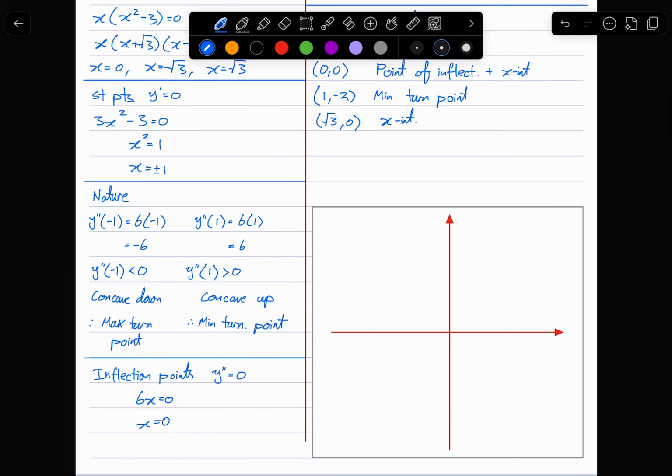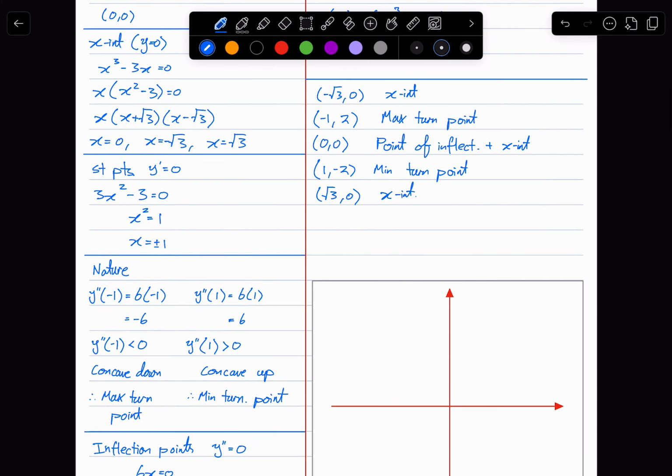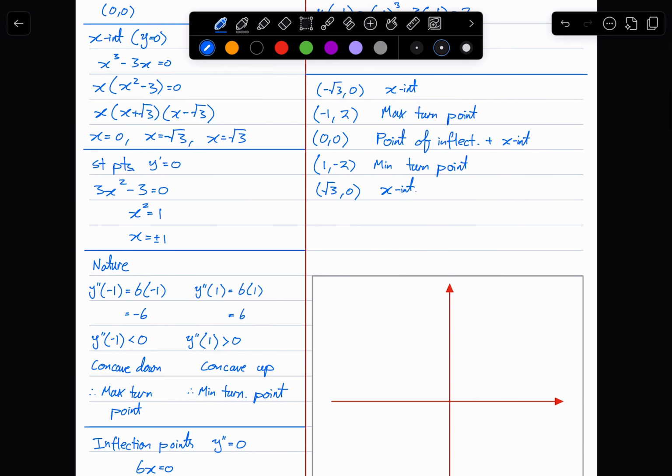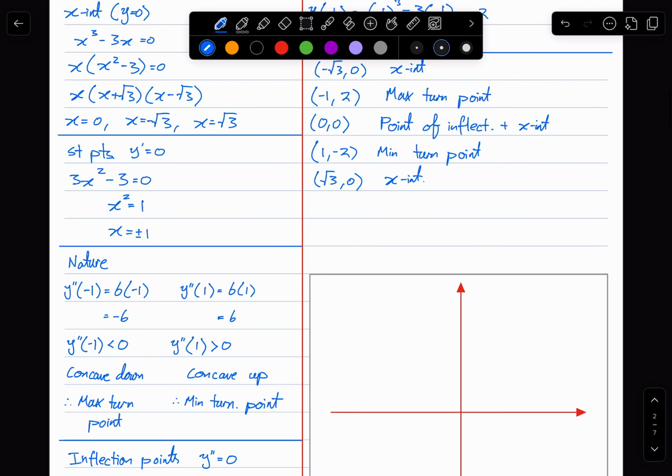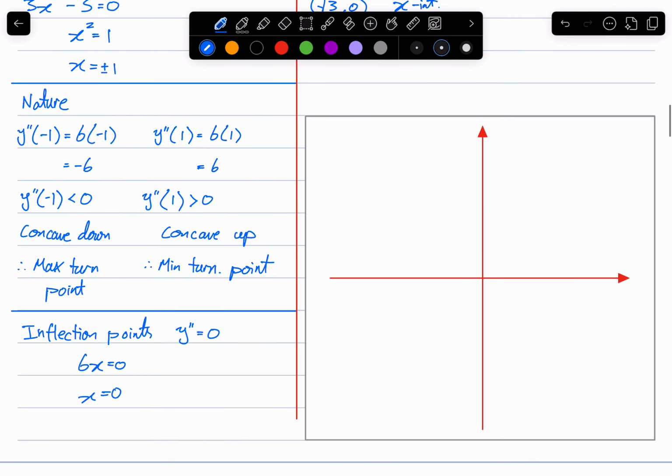And so now that we have these points, we can sketch them roughly onto our graph here. So we had negative root 3, which if you check in your calculator, was negative 1.7.